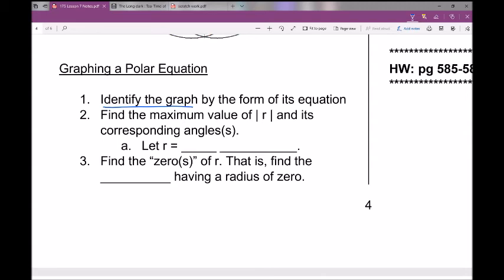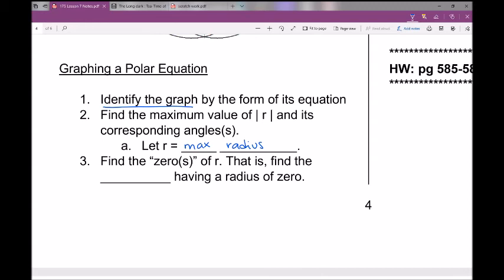Then you want to find the value of the maximum radius and what angle it goes with. So basically you want to find that furthest point out on the graph, so you want to let r equal that maximum radius and figure out what point you get. Then you want to find the zeros of r. This isn't zeros in the sense of how you normally think of zeros as x-intercepts.